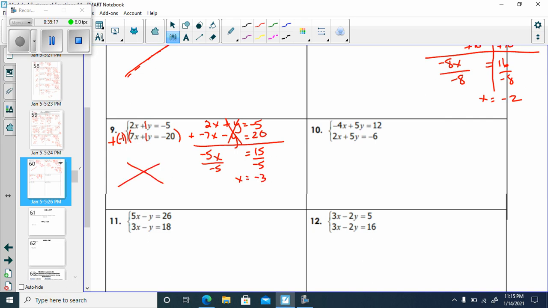Okay? The x is negative 3. We're looking for the y. Plug it in. Let's plug it into one of these equations. Let's say 2x plus y equals negative 5.